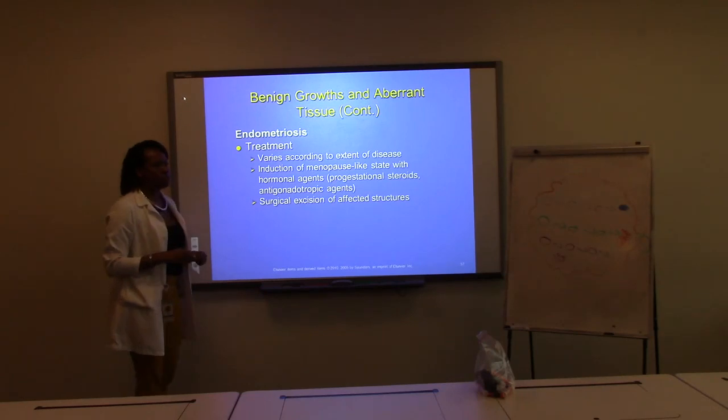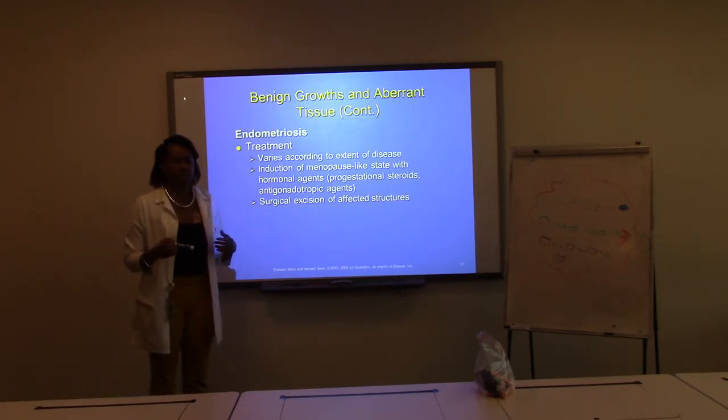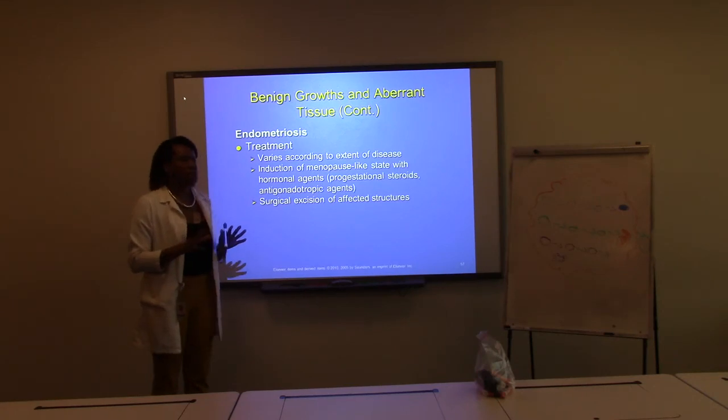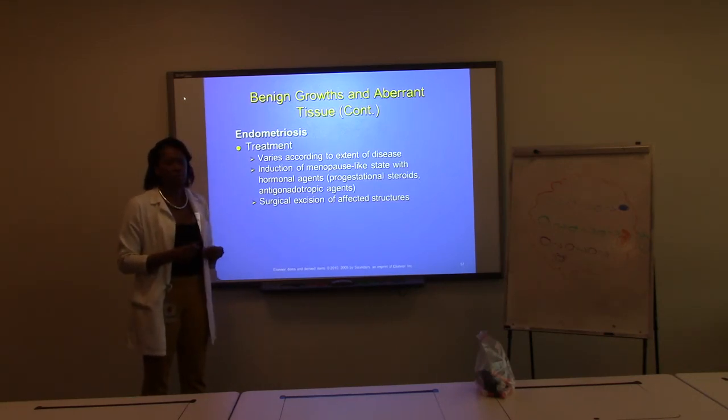So treatment. Treatment for endometriosis usually depends on the severity of it. Sometimes patients can have endometriosis where the severity is not that strong, to where they may need surgery; maybe just some hormonal therapy treatments to calm down the proliferation of the tissue.